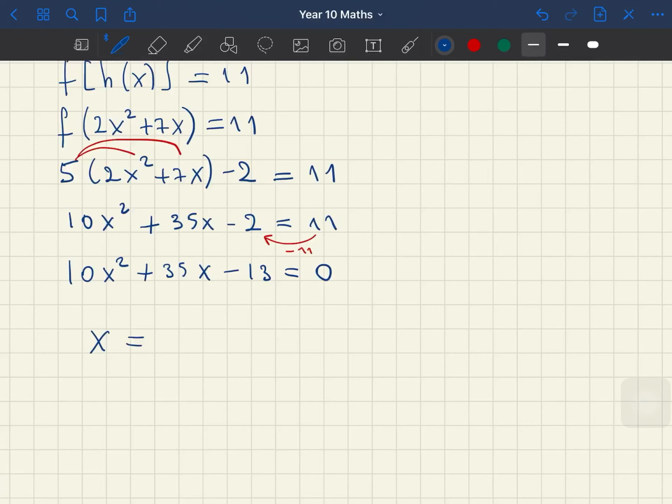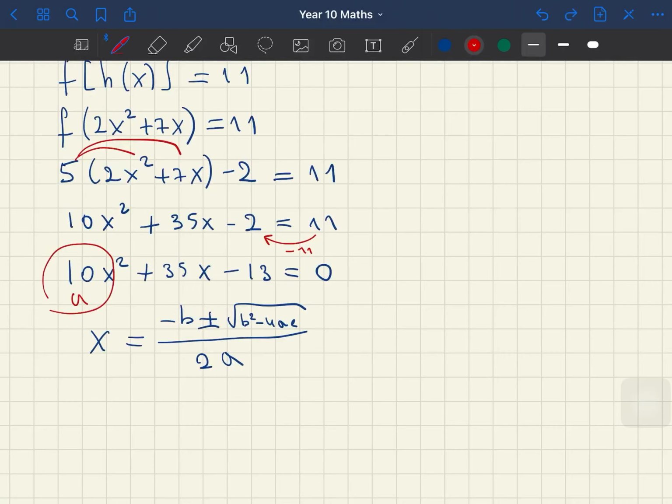x equals minus b plus minus square root of b squared minus 4ac, divided by 2a, like this, ladies and gentlemen. And let's do this. So this is our a, all right? This is our, wait, not x, just a number here. This is our b, don't forget about sign.